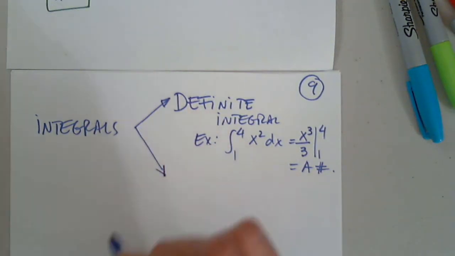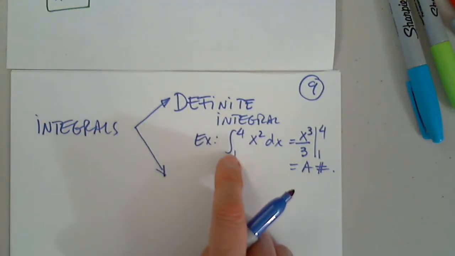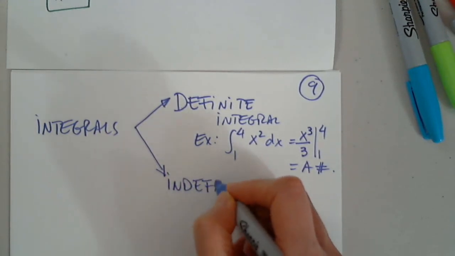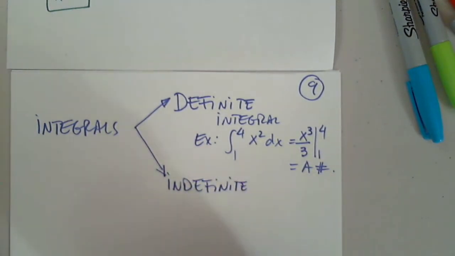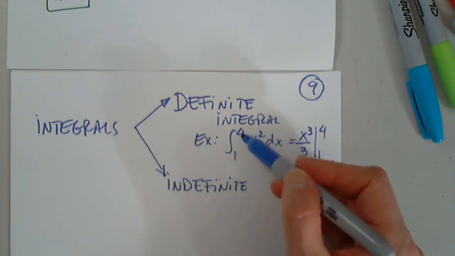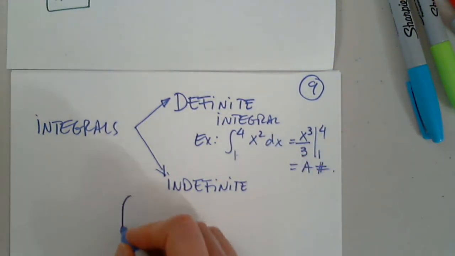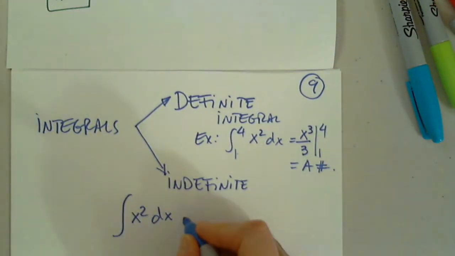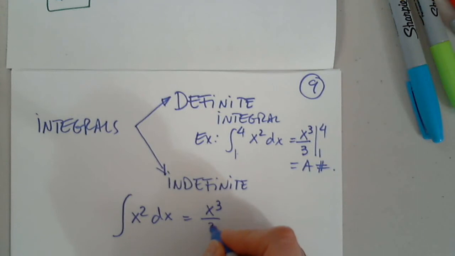Now the other type, the second type of integral, is not definite. It's indefinite. The indefinite integral does not have limits of integration. It's, for example, the integral of x squared dx. And we know that the answer is x to the third over 3 plus a constant c.